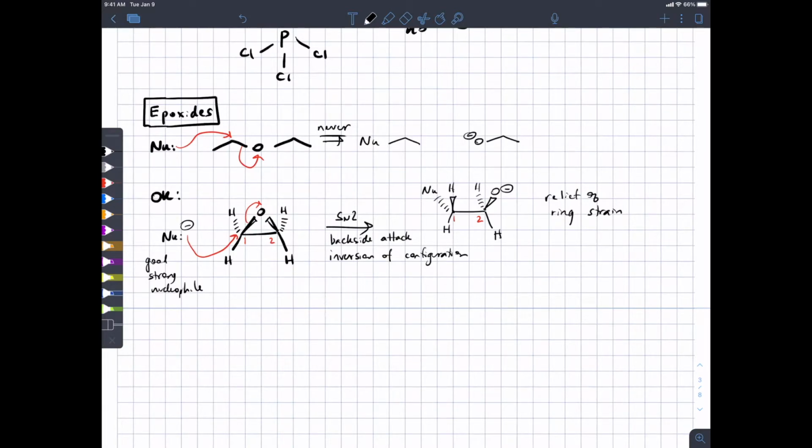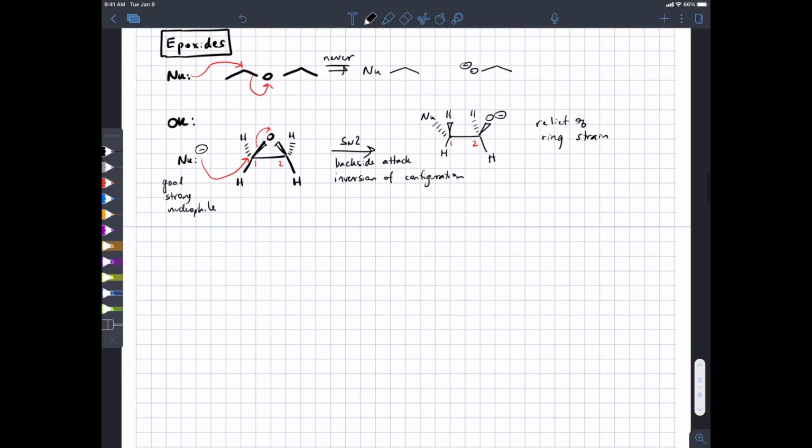So the relief of ring strain pays for the fact that OR minus is a cruddy leaving group and makes these reactions work really, really well. Usually when we do this reaction, either the solvent has protons that can be used to protonate the negatively charged oxygen, or after the reaction we do some kind of workup where we add water buffered at some pH, and whatever needs to get protonated gets protonated.